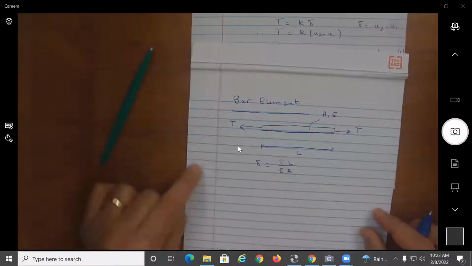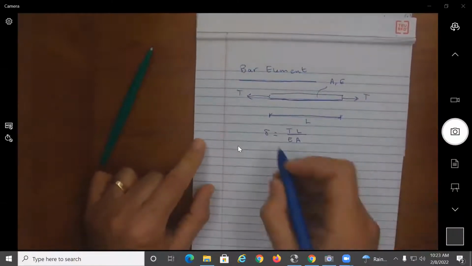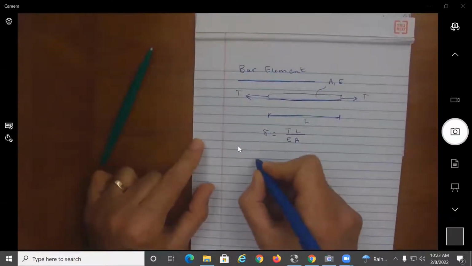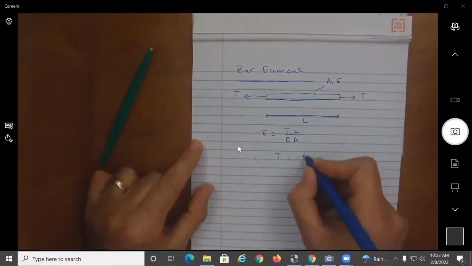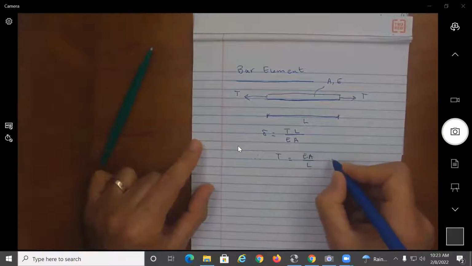If I change the order of this, I can write it as T equals EA over L times delta.